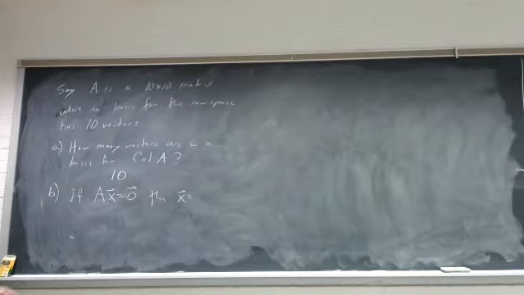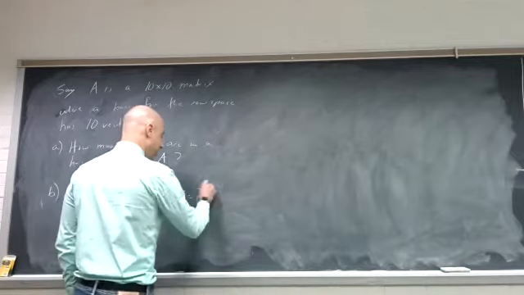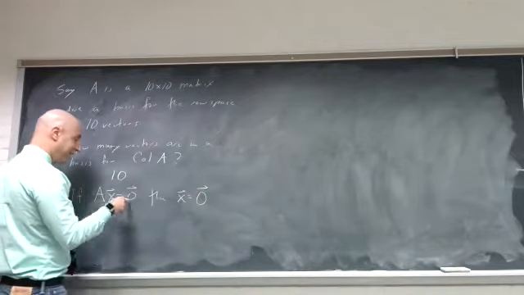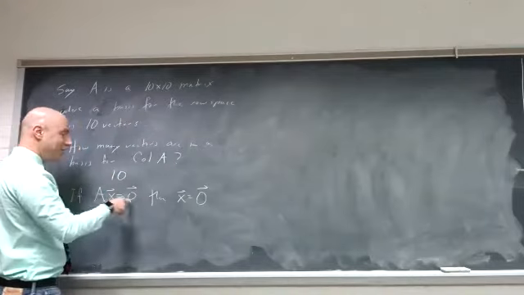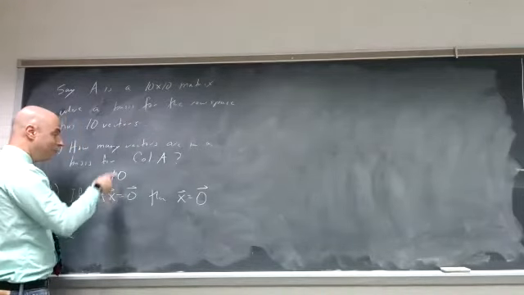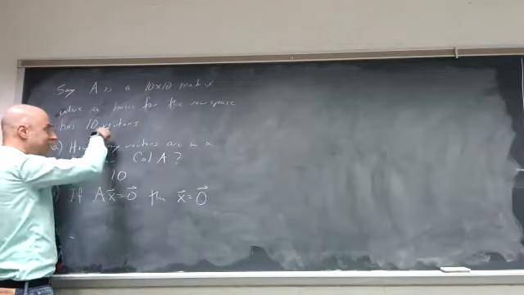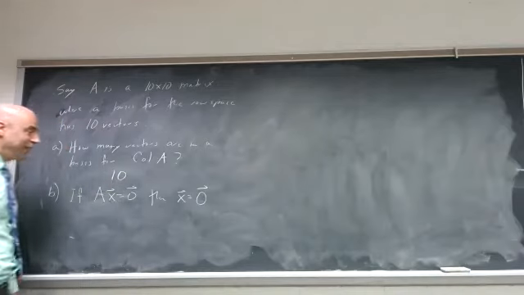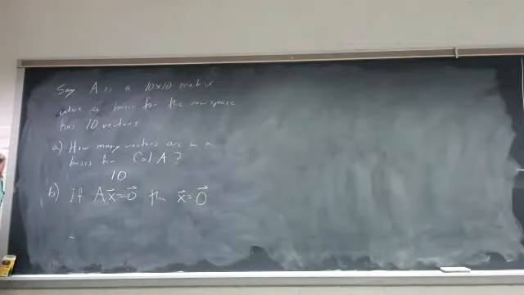Is it 0? The only vector that this matrix can take to 0 is the 0 vector, because we know that the dimension of the row space, the dimension of the column space have to be 10. Therefore, the dimension of the null space has to be 0. The only vector that we can take to the 0 vector is the 0 vector.